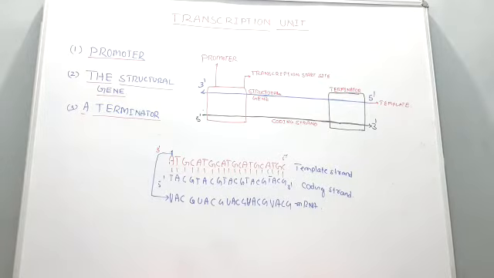Since we know that the DNA has 2 strands having the polarity 3' to 5' and 5' to 3'. Where is the promoter situated? The promoter is located nearer to the 5' end, that is upstream of the coding strand.